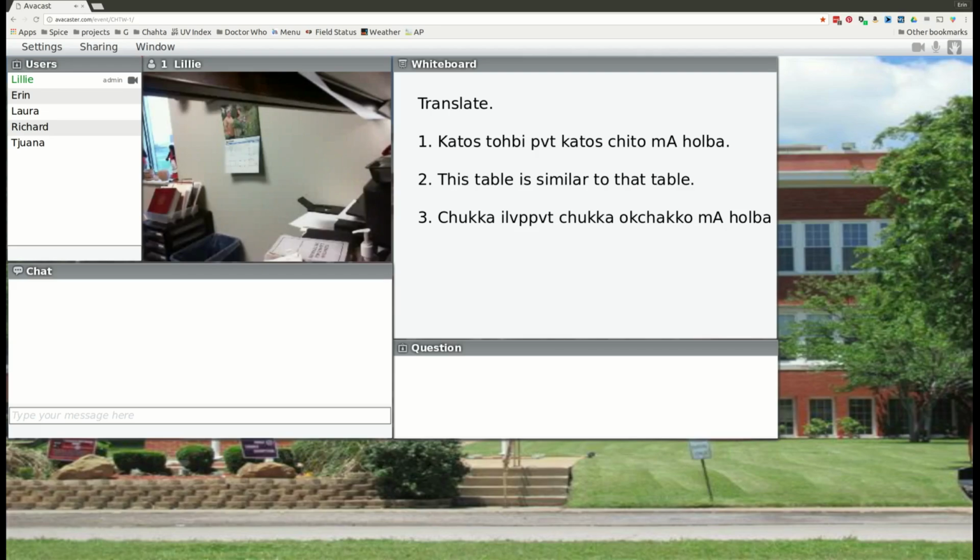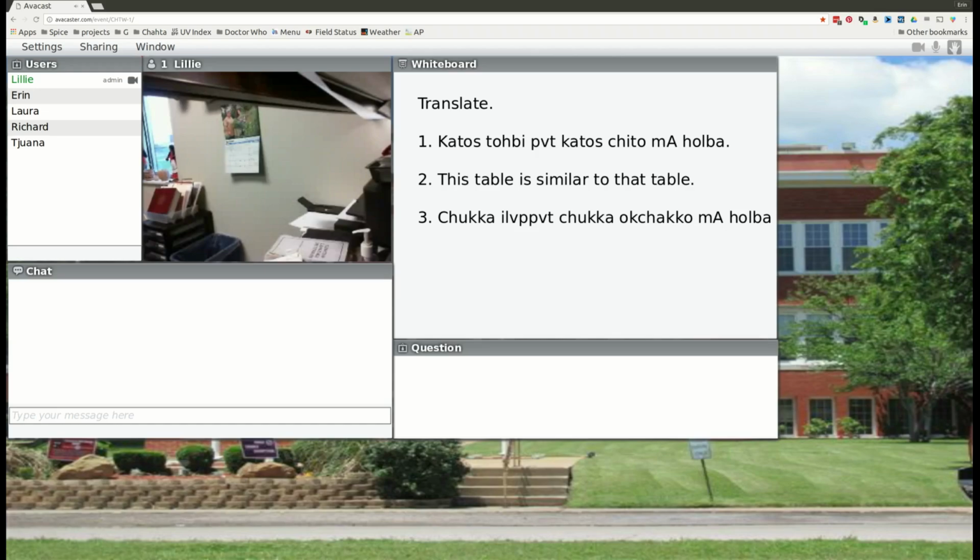The first one begins with katosto, means to resemble, to be similar. And I showed you hulba does not mean the same.